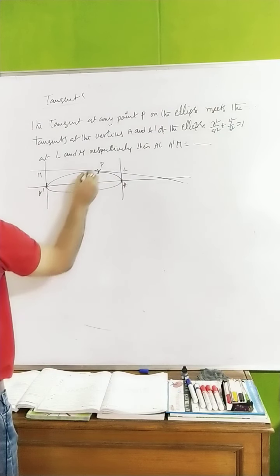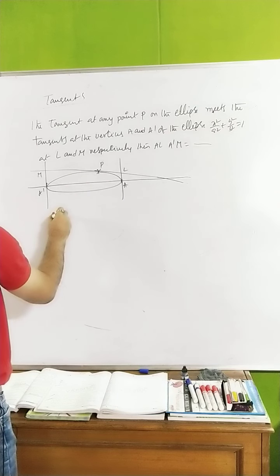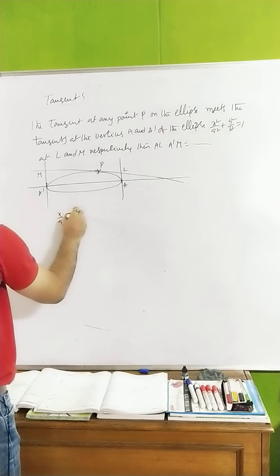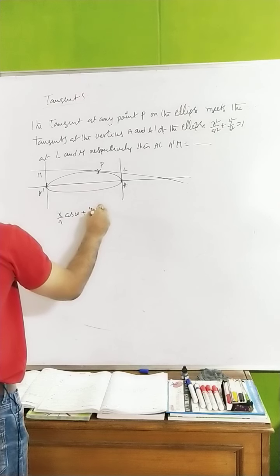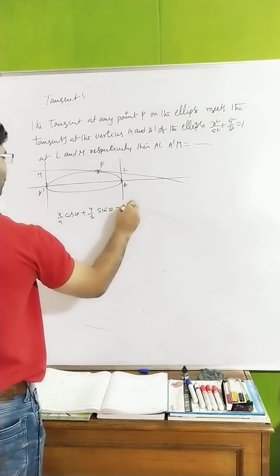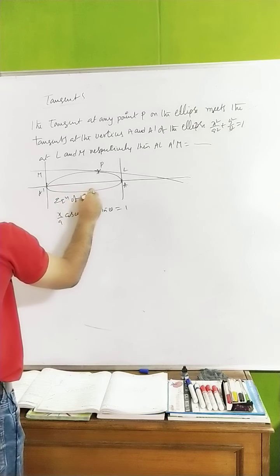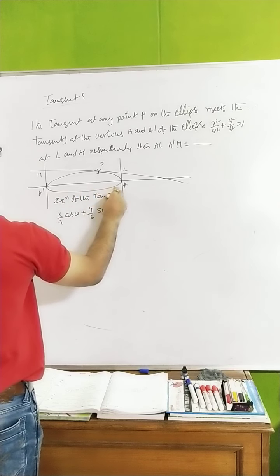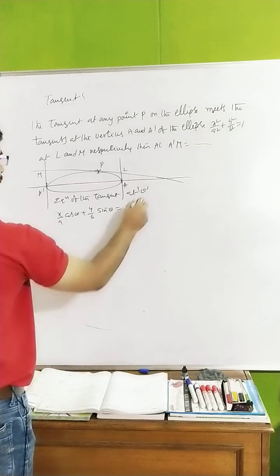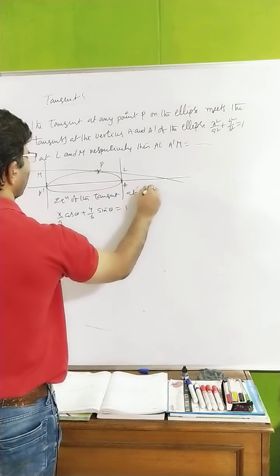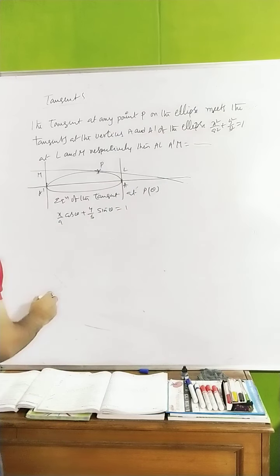Suppose at P, so I would like to take it like this: x by a cos theta plus y by b sin theta is equal to 1. This is the equation of the tangent at theta, P of theta, I'll say that. Call it 1.